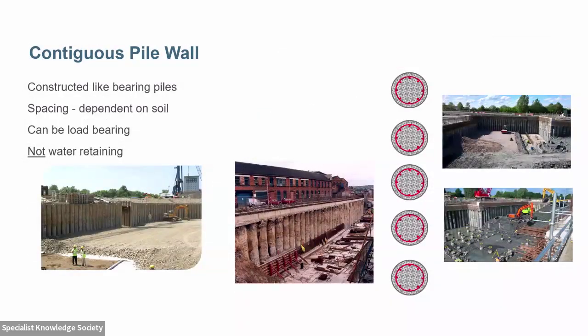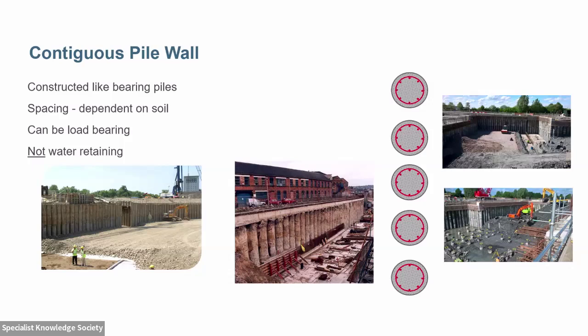The pile walls, or the replacement pile walls, which are very common and used quite frequently within the UK, are either a contiguous or a secant pile wall. So a contiguous pile wall is built by putting effectively individual piles next to each other, typically at a spacing of 100-150 millimetres between the piles, and these are built just as individual piles constructed along a length of a wall.